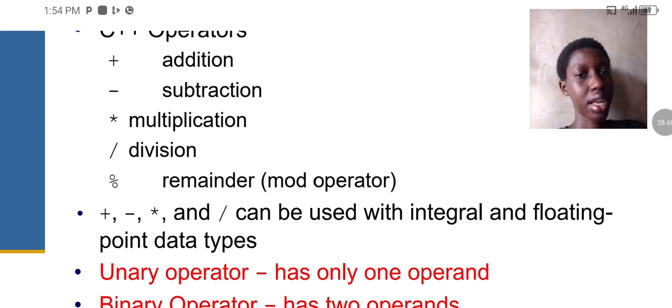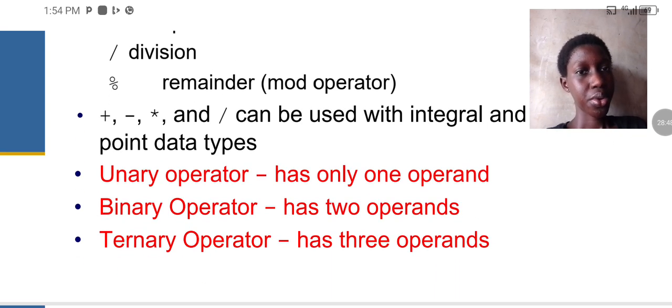Now we also have types of operators under this type. We have the unary operator, that has only one operand, the binary operators, which have two operands, and the ternary, which has three operands.